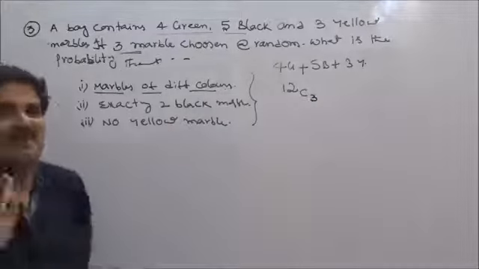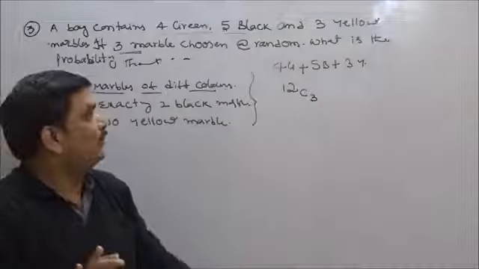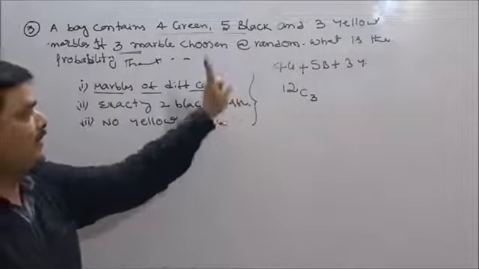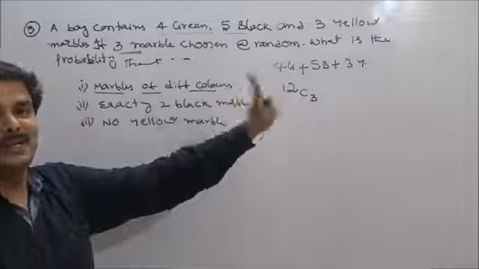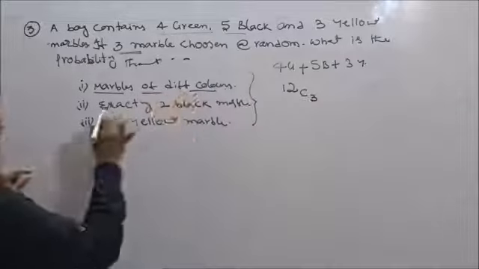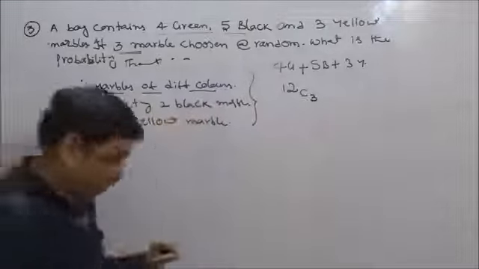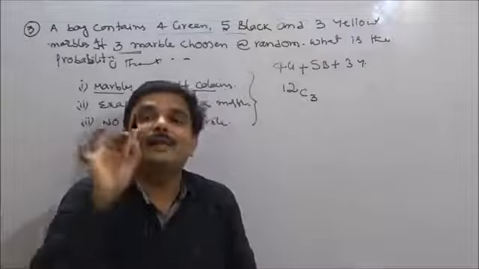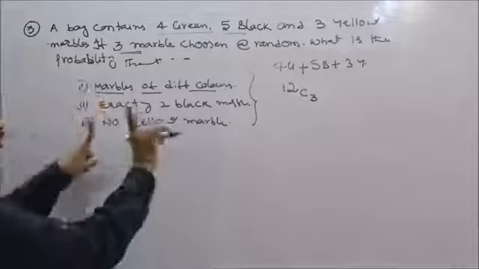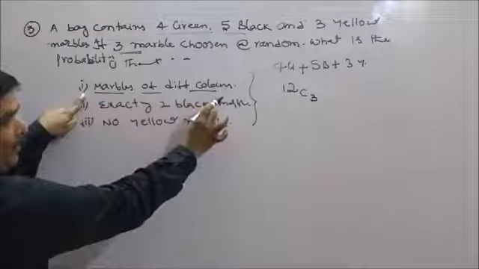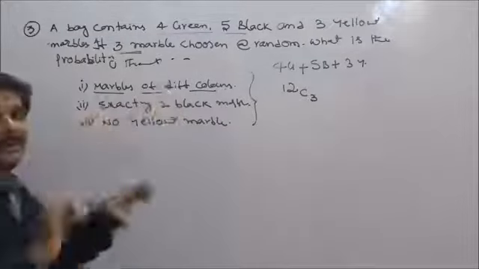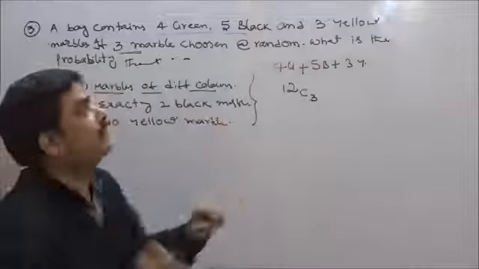These are all very simple questions, right? So now I should take 3 at a time. How many ways? 12 combination 3. But the first question you see, marbles are of different colors they have given. Alright, so when it is different colors, you should do in this way. Equal probability will be there. Equal probability means in the case of choosing. How is that?